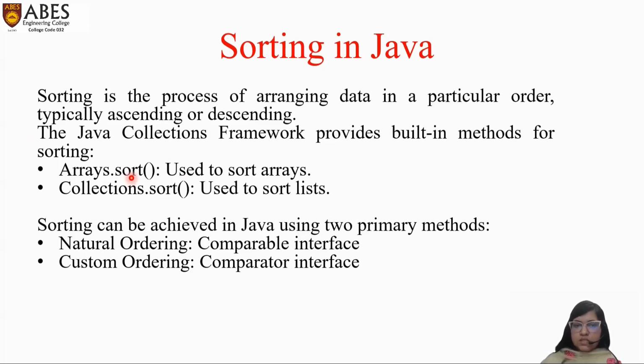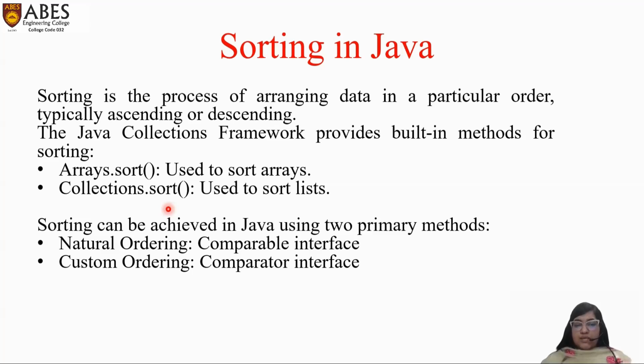Arrays.sort. This method is used to sort arrays. And then we have the second method, that is the Collections.sort method. This method is used to sort lists. Now let's talk about how to sort data in Java.